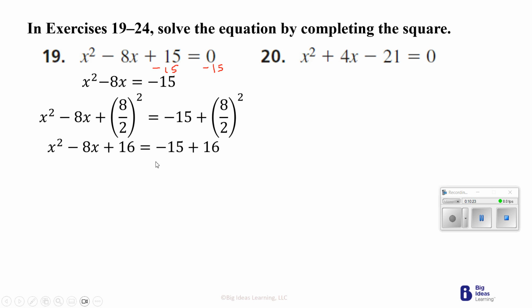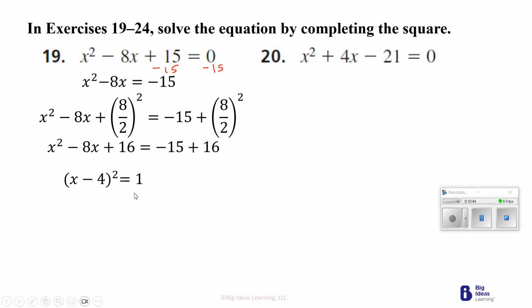Negative 15 plus 16 is 1. Over here, we're going to have x minus 4 squared. Okay, x minus 4 squared equals 1.